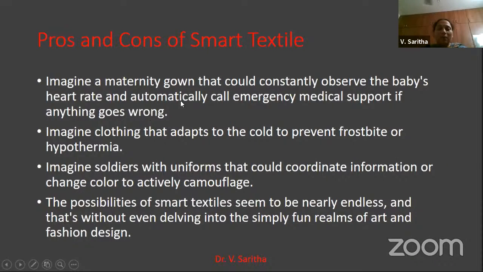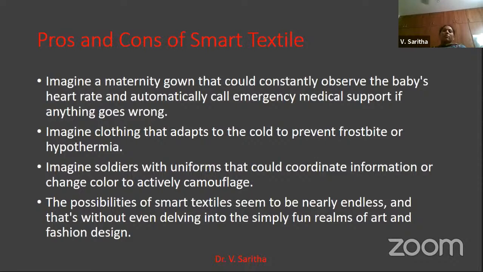Imagine a maternity gown. This is also very helpful for women who are carrying and women who have delivered a baby. If the maternity gown uses a smart textile, the baby's heart rate could be regularly checked.